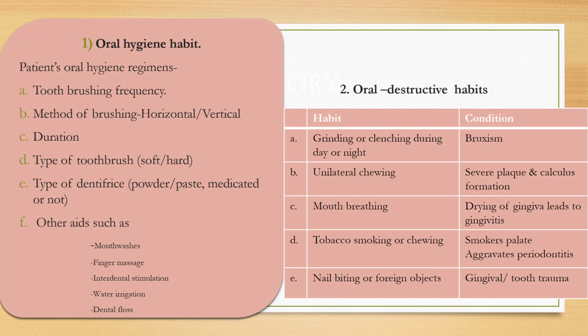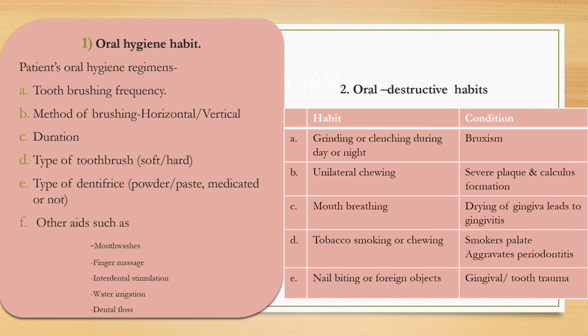Oral hygiene habits are to be noted, that is, toothbrushing frequency. Method of brushing, whether horizontal or vertical. A horizontal mode of brushing usually results in cervical abrasion, and duration is also very important. The type of toothbrush, whether soft or hard: after flap surgery we usually recommend soft brushes for cleaning, and for the normal routine patient we recommend medium toothbrushes.